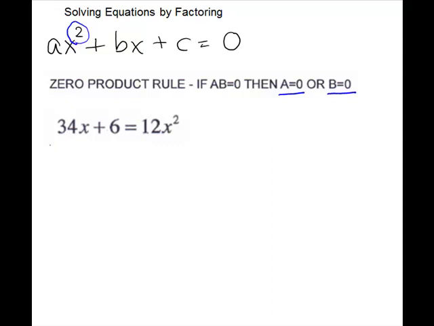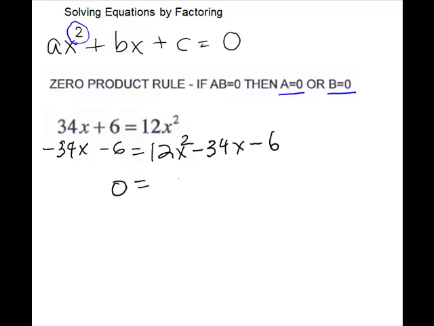So we're going to subtract 34x, and we're going to subtract a 6. So 12x squared minus 34x minus 6 will equal our 0. Because we wanted a positive square term.